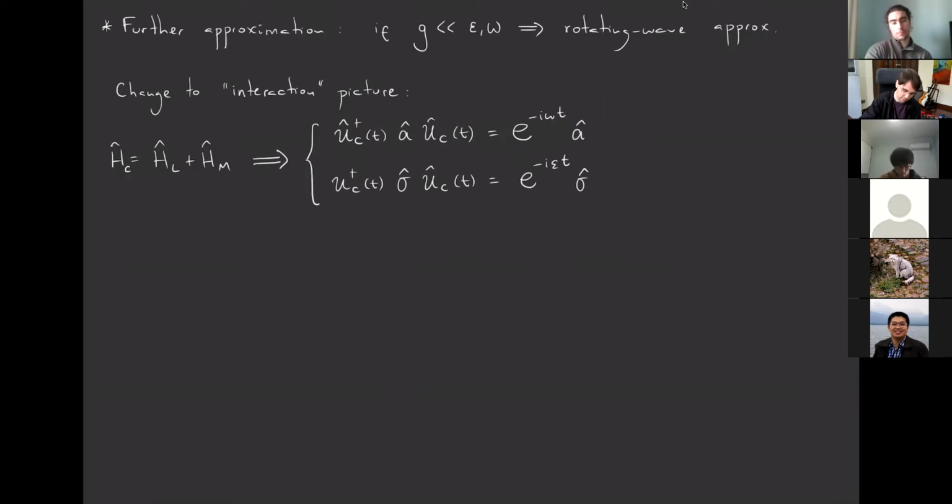And then using this, now we can write the Hamiltonian in this interaction picture. And the Hamiltonian in this interaction picture is very interesting. It looks like this. It has two parts that are very well defined, and let me just write them down first, and then we discuss them.